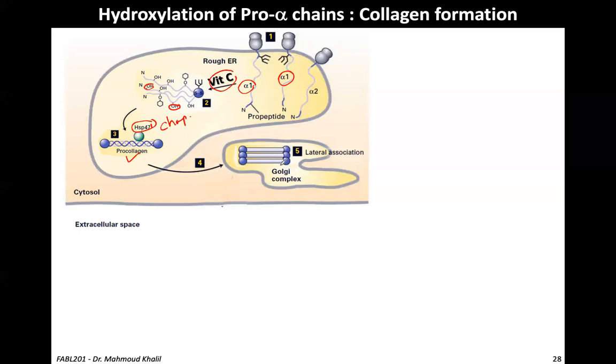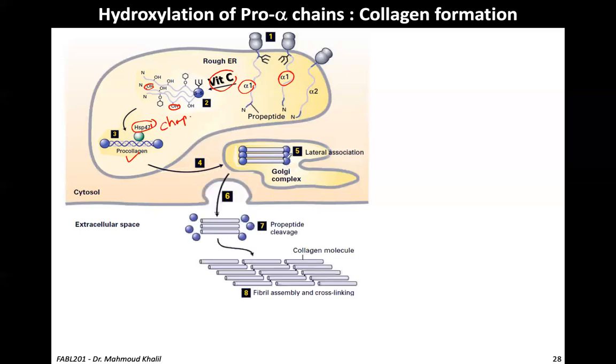So you can see multiple molecules of the procollagen. This procollagen soon will be secreted outside the cell, and there is cleavage. You do a cleavage for this complex. This will lead to a collagen molecule being formed, and this collagen molecule will be assembled and cross-linked.